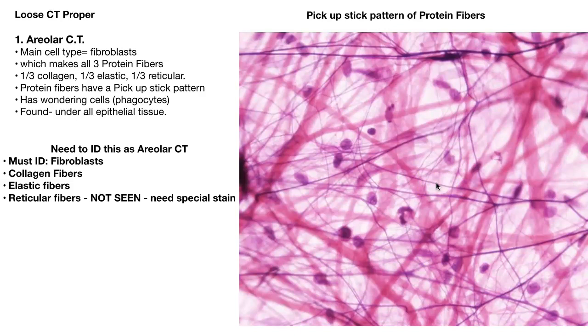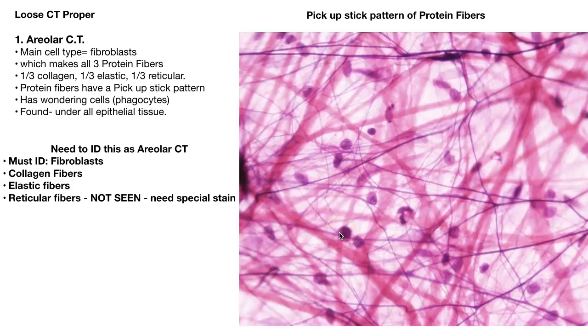Where are the fibroblasts? These are the nuclei of the fibroblasts all throughout here. These are the fibroblasts that are making these protein fibers. Now, on this slide, I can see two white blood cells. Here's one here, and here's one here. So this areolar connective tissue has white blood cells in it, which is pretty unique to it.